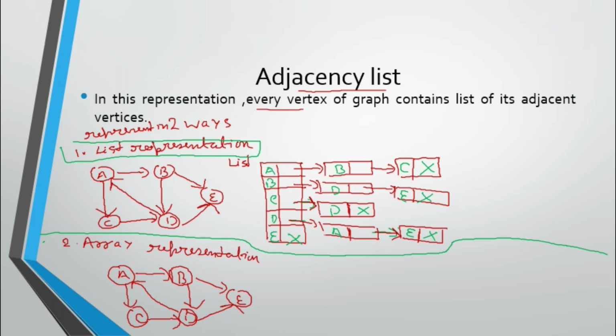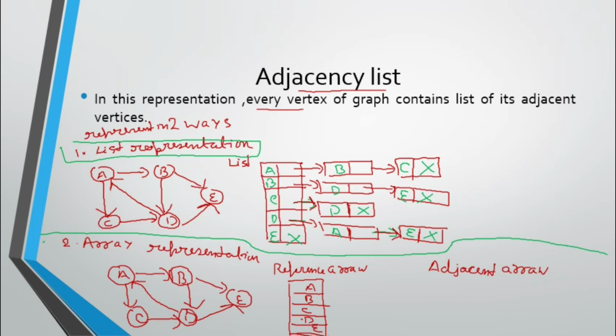Here I need to have two arrays. The first one is called the reference array. The next one is called the adjacent array. So I have five vertices: A, B, C, D, and E.